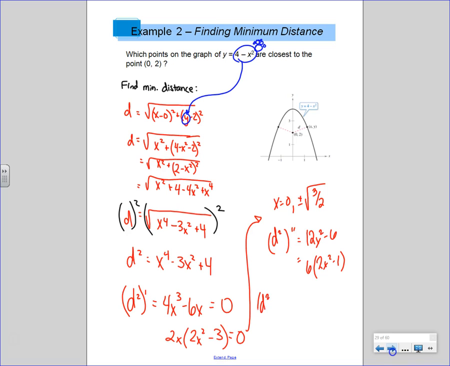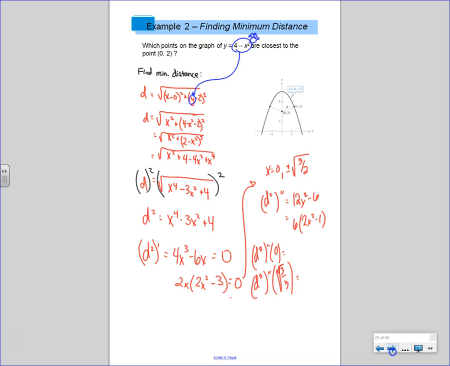Don't we want to plug in 0 and plus or minus root 3 over 2? Oh, it's 3 over 2, sorry.